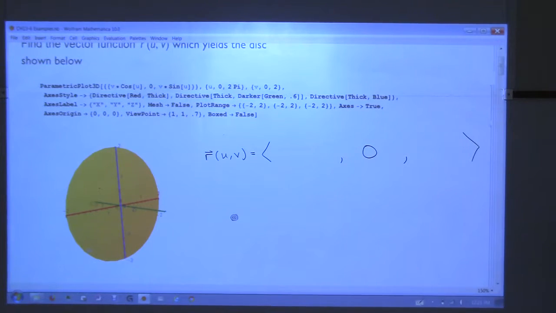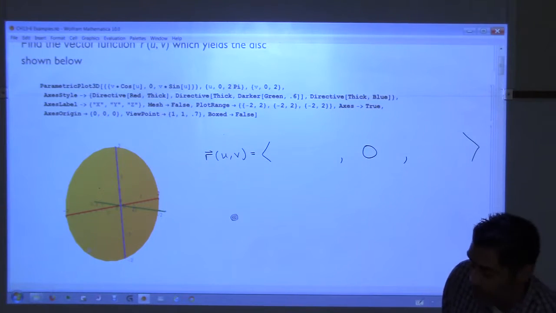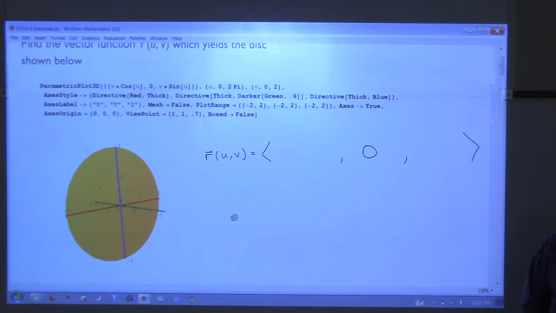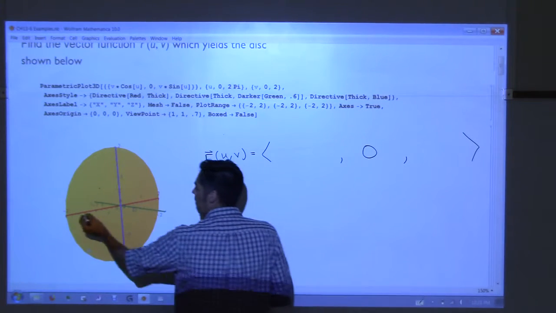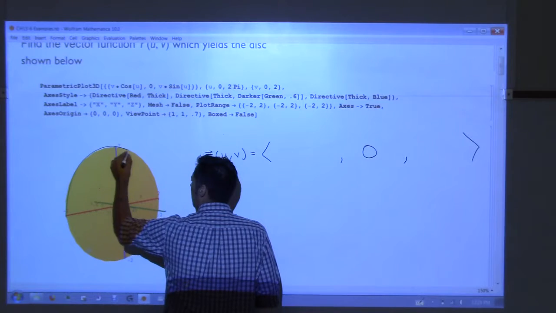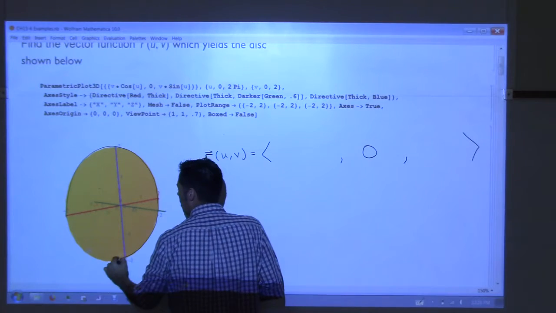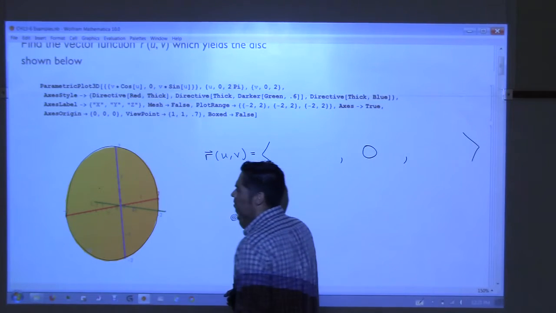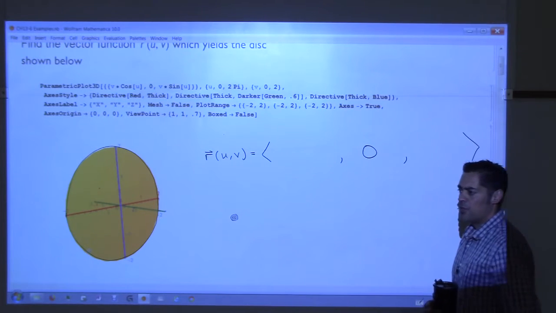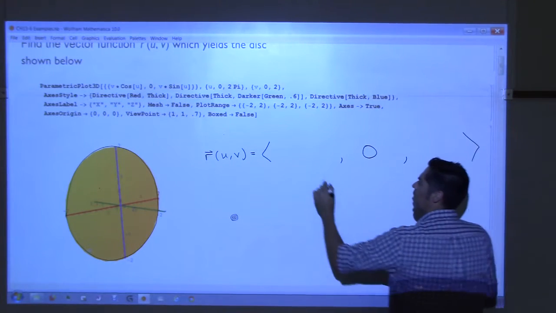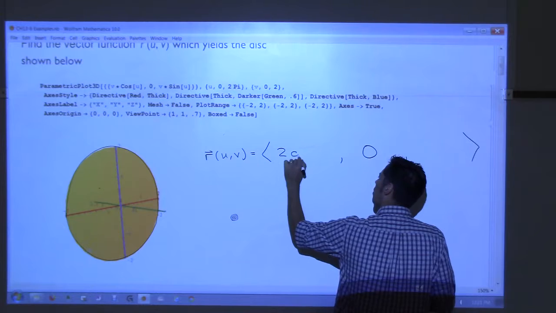What are you comfortable drawing with vector curves? What's the thing that you are very comfortable with? Circles, right? You can draw circles. So could you draw me this circle that would give me the outer part of this disk? That would be the circle with radius 2. So don't write this down, but could I put 2 cosine u?